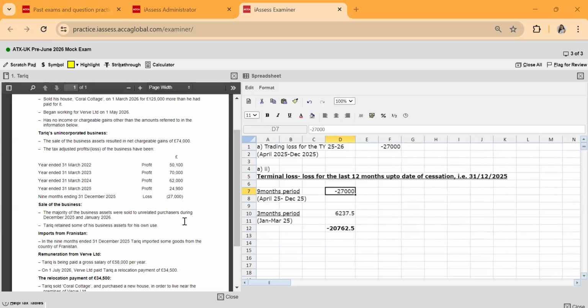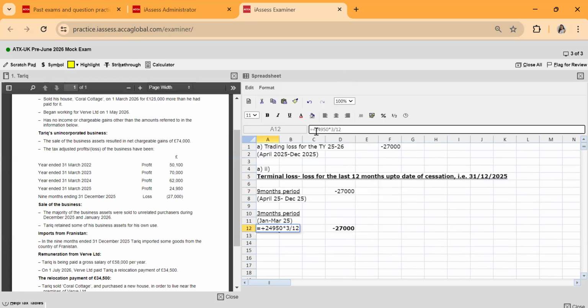Okay. One very important factor I would like to tell you: when we calculate the terminal loss relief and we take the penultimate year also, that is the last 12 months also, only if there is a loss you will take it. If there is a gain, then you will not take it. It is 6,238, so I will write here ignored as there is profit. Gain would be the wrong term because it is related to chargeable gains.